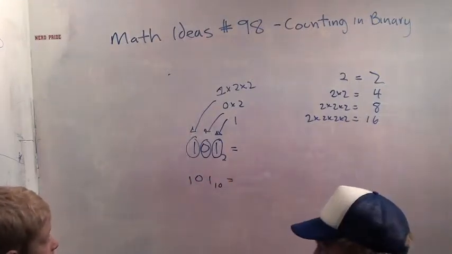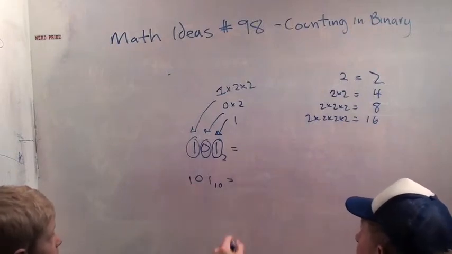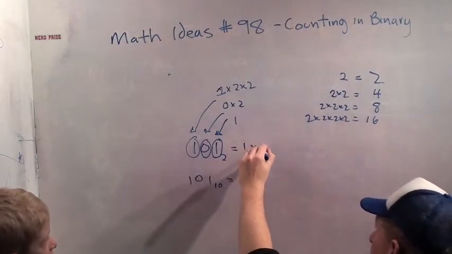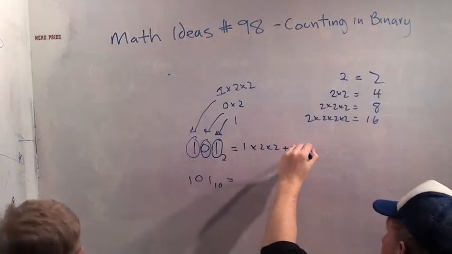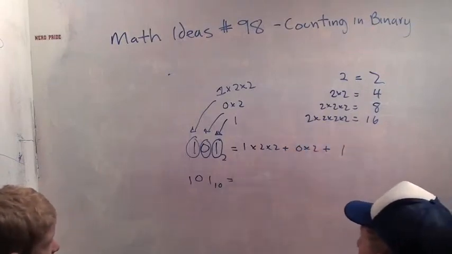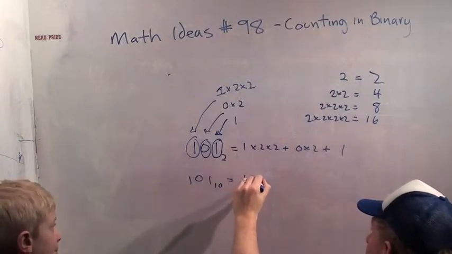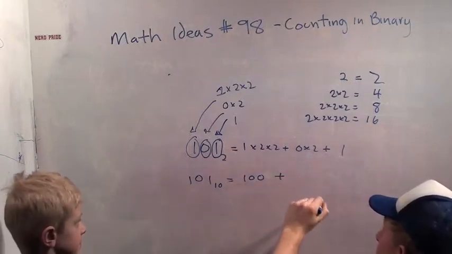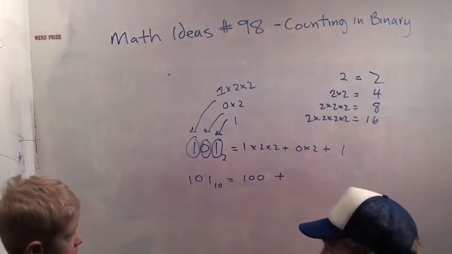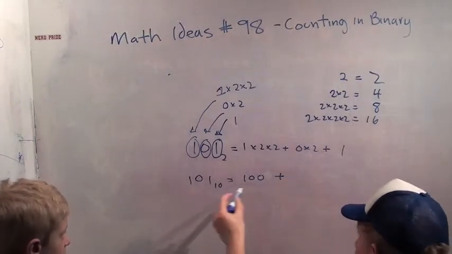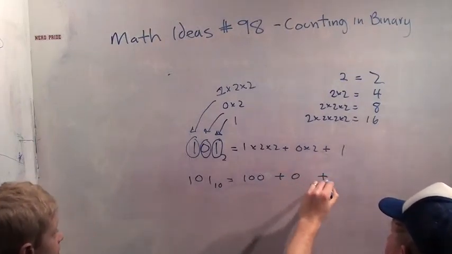Let me show you what if I just wrote 101 and I was talking about base 10, the normal way we think about this. You would say this number was 100 plus 0 tens plus 1.